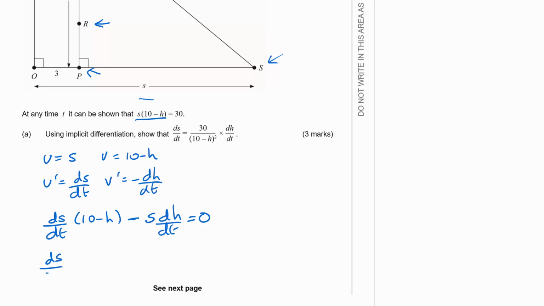So ds/dt times (10 minus h) will be equal to s dh/dt.